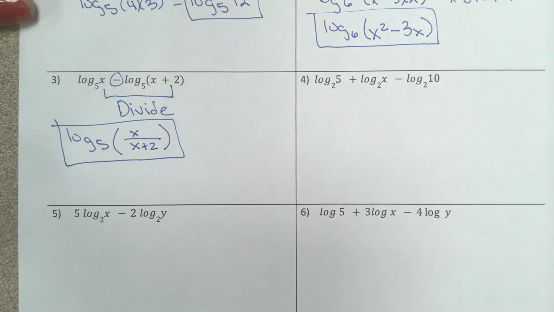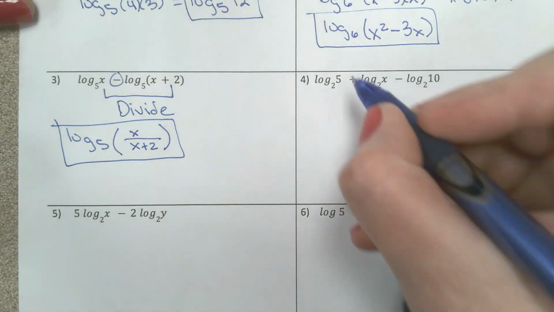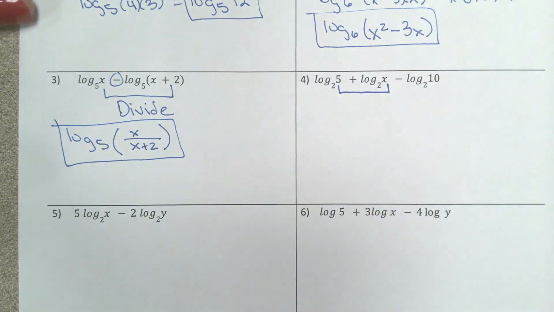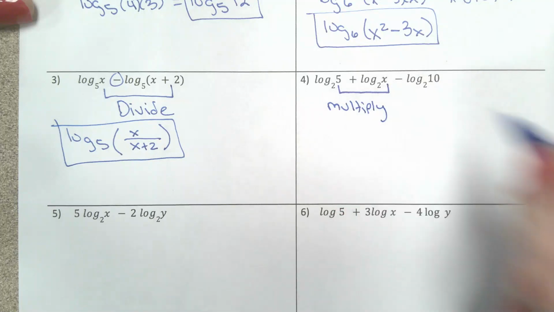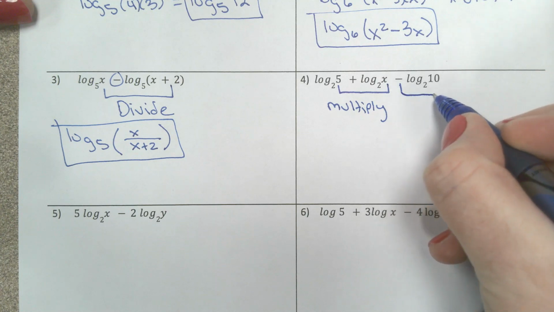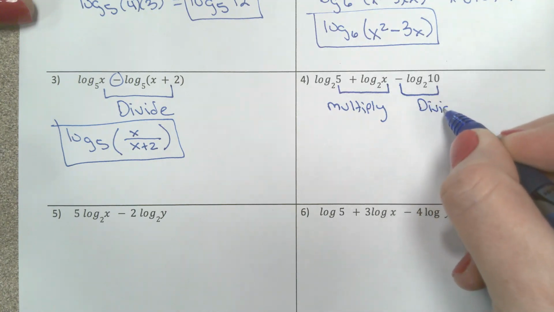Number 4, you have both addition and subtraction going on. So where you see the addition, that means you're going to multiply, and then here, when you see the subtraction, that is going to divide.